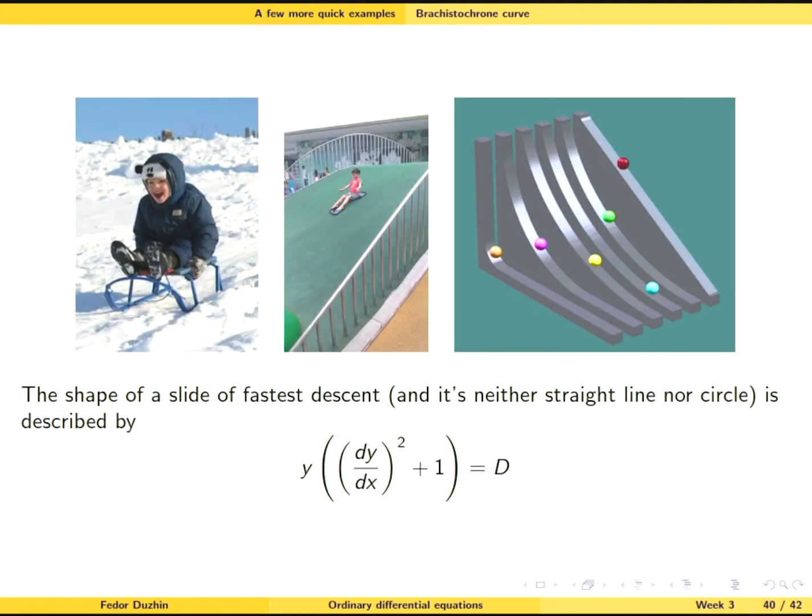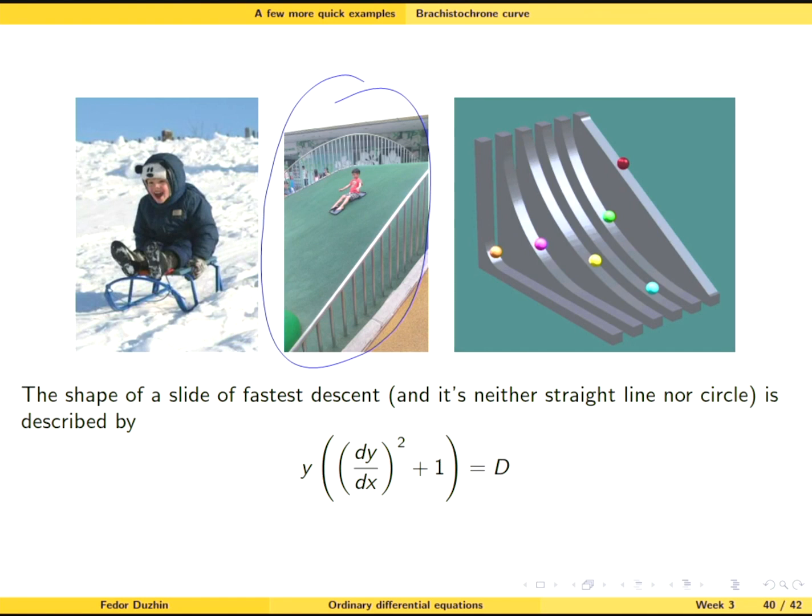Oh, well, another very interesting real-life problem is to design the shape of the slide of the fastest descent. Imagine a sleigh on a slope, or in this case, Singapore kids, they just take trays from a nearby canteen and they slide down the slope.